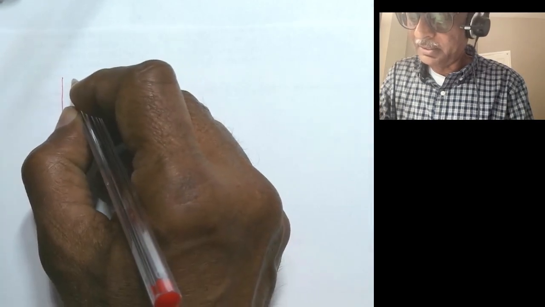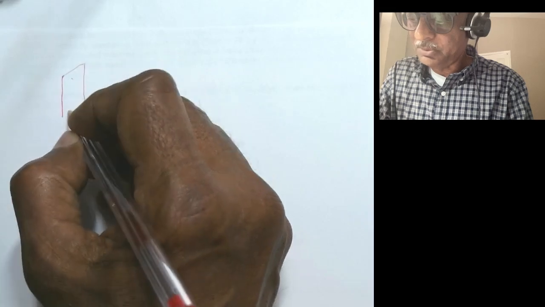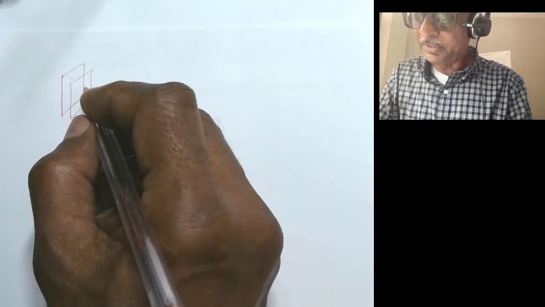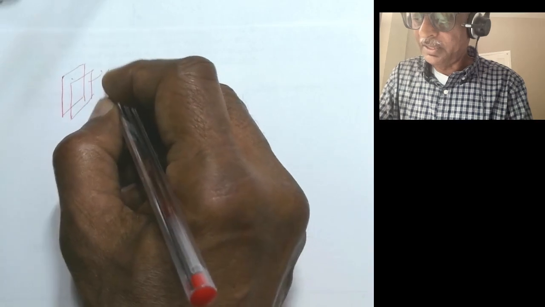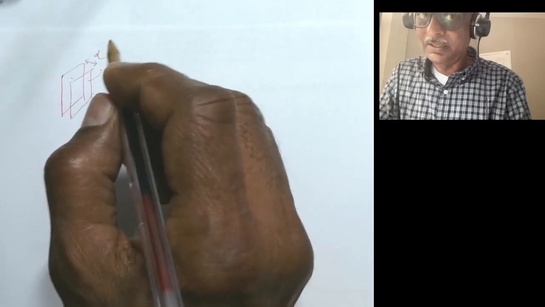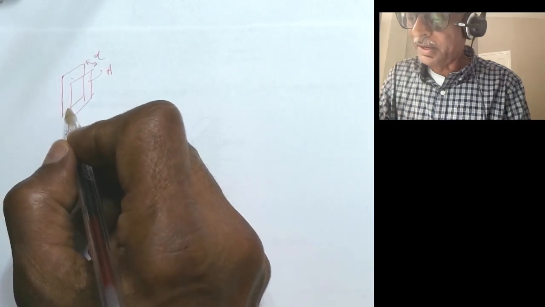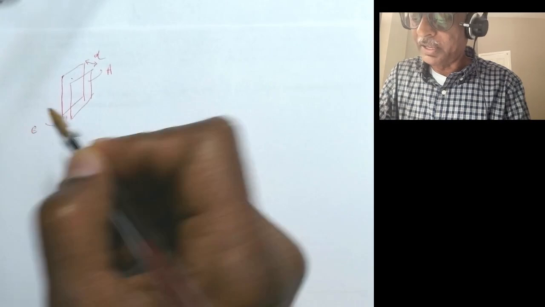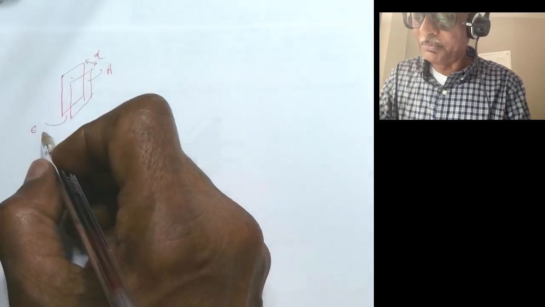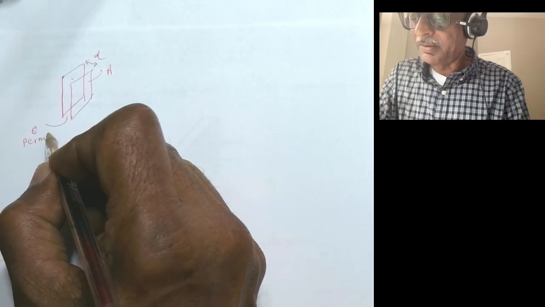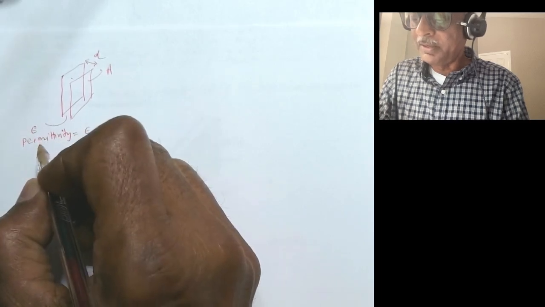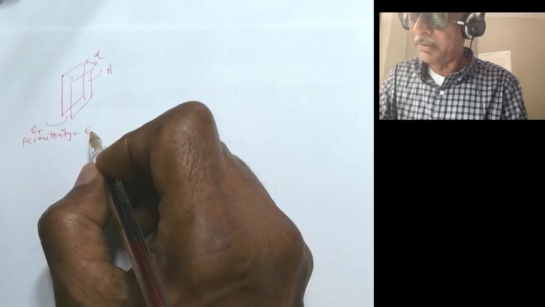If you have a dielectric, first to know is a parallel plate capacitor where the whole thing is filled. The area is A, the separation between the plates is D, and between them is a dielectric with permittivity epsilon, which is epsilon naught times epsilon r.